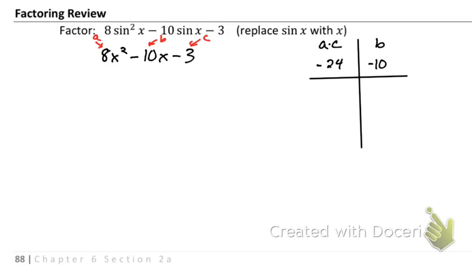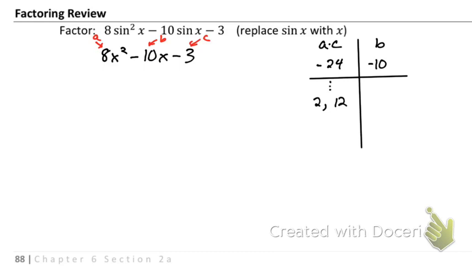You're looking for two numbers that multiply together to give you negative 24, like negative 2 and 12, 2 and negative 12. But we're looking for eventually where they add to give me negative 10. Well, 2 and 12, the difference is 10. So we are actually going to use 2 and 12 because one of them needs to be negative.